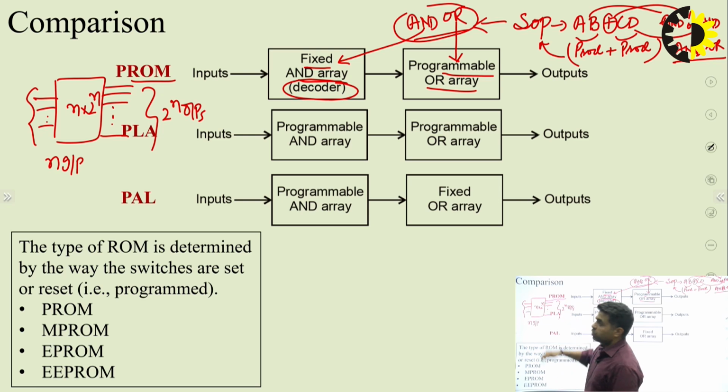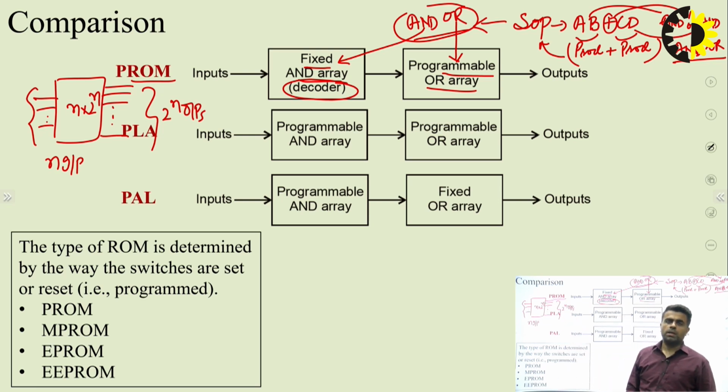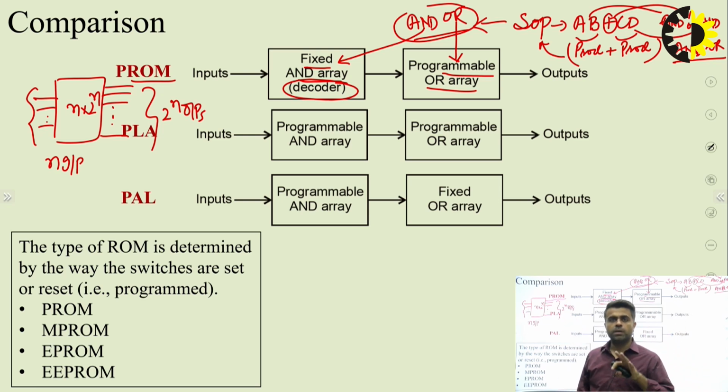Now these 2 raised to power n outputs of the decoder are actually the 2 raised to power n AND gate outputs. Every output coming out of the decoder is actually the output of an AND gate. So for preparing the AND gates, we are going to use a decoder.